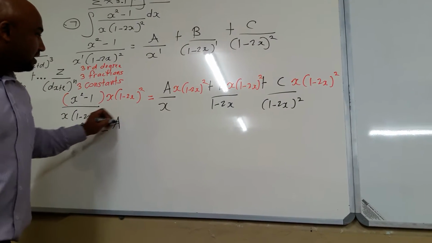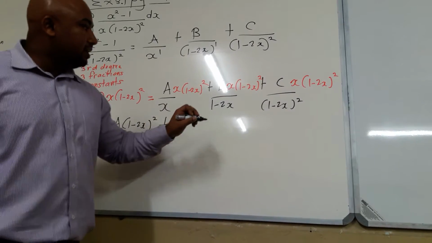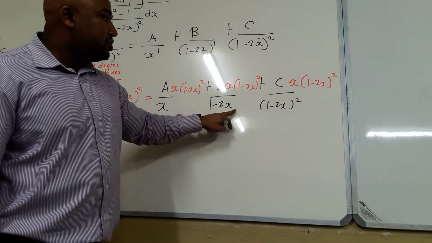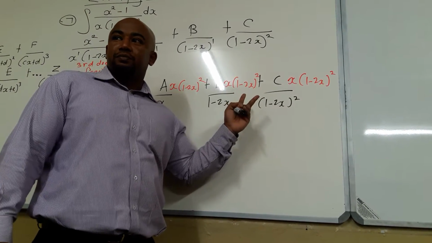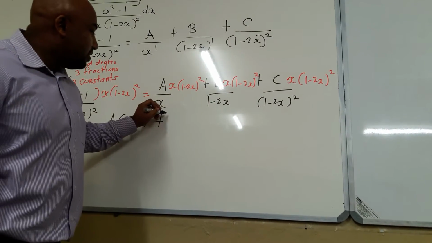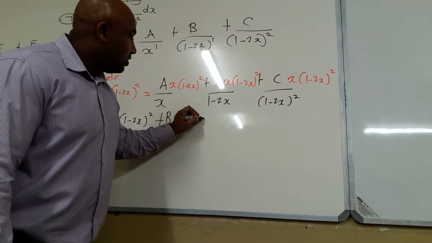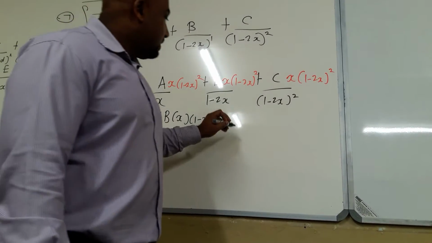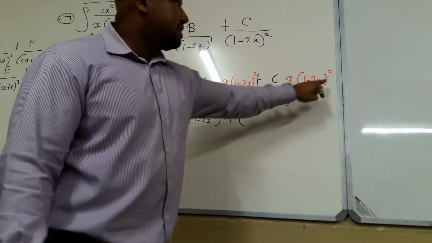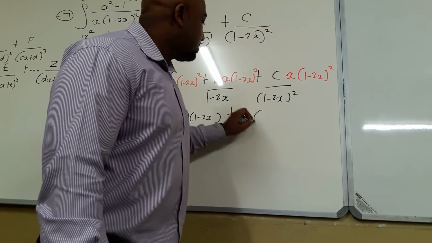You end up with A multiplied by (1 minus 2x) all squared. Here (1 minus 2x) will cancel with one of the (1 minus 2x)'s on the top. So you are left with B times x times (1 minus 2x). You follow? You can do that mentally. Plus C, it's clear that these two will cancel. Alright, so you're left with C times x.